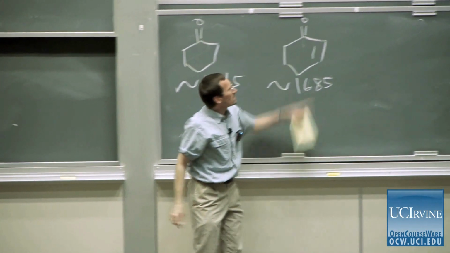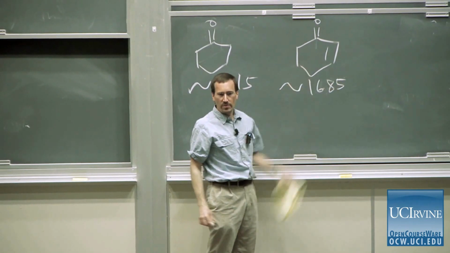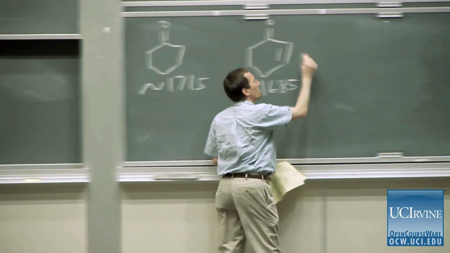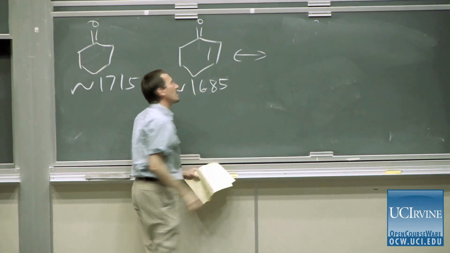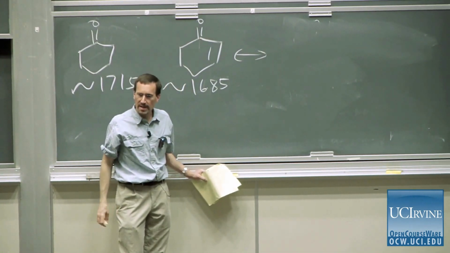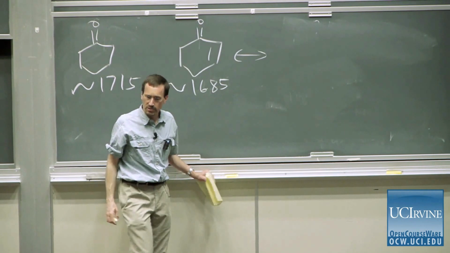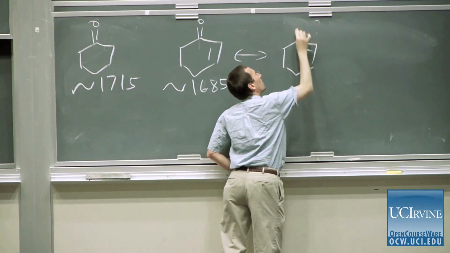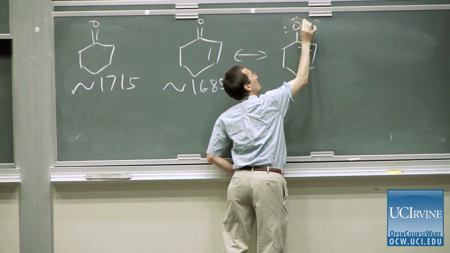We've already seen this in overviewing some of the chemistry of alpha, beta unsaturated carbonyl compounds when we were talking about cuprate chemistry. We explained that there are many different resonance structures. One of the resonance structures has single bond character.